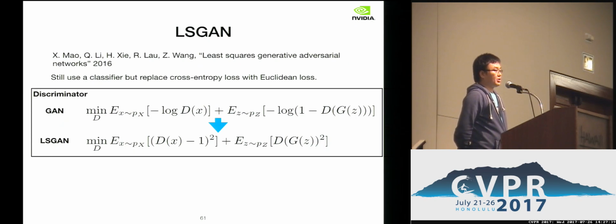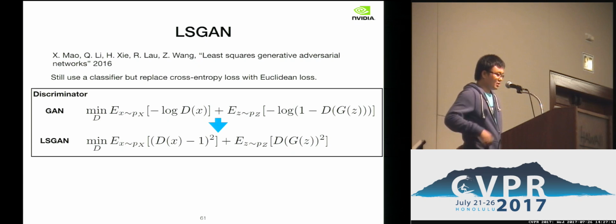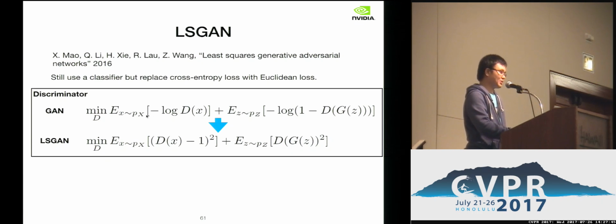In LSGAN, we use squared loss. In the original GAN, you want to maximize this, or using minimization, we want to minimize this negative log likelihood for real images, and for synthetic ones, we minimize minus log 1 minus D of G of z.